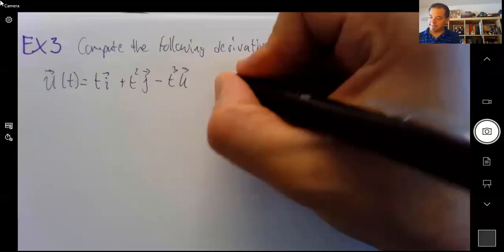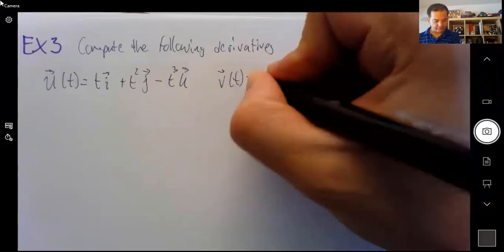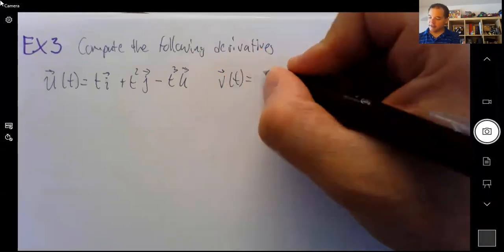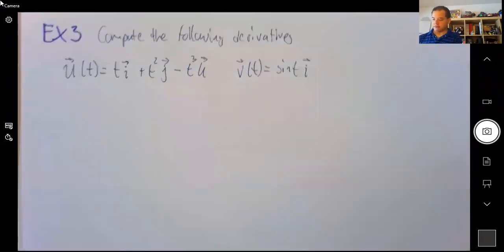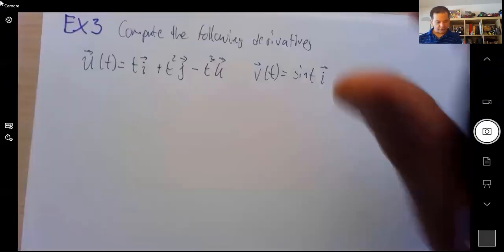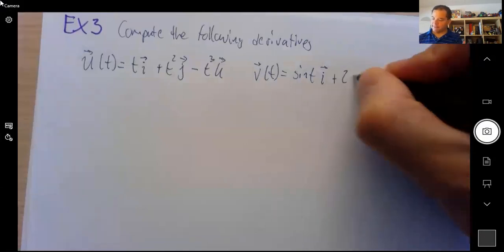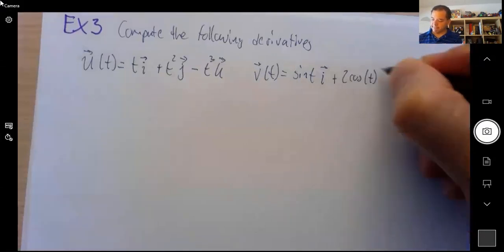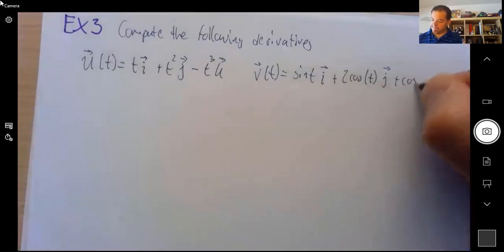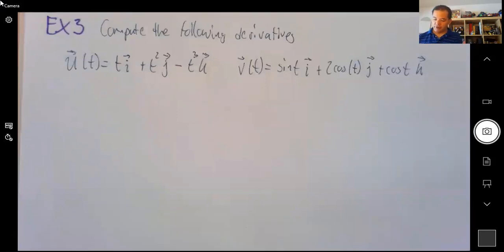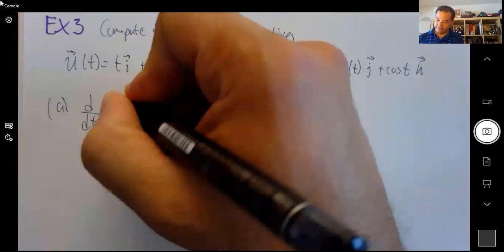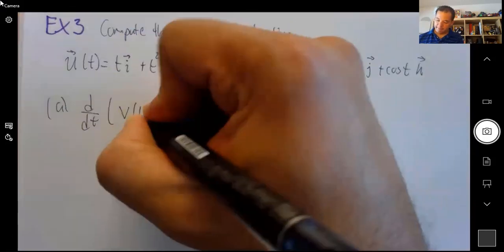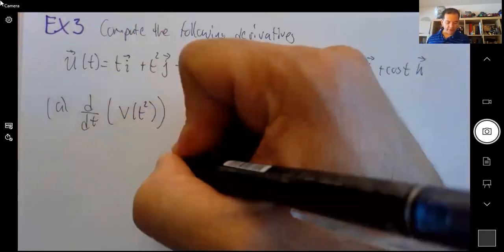And v is sine t i plus 2 cosine t j plus cosine t k. And here are our questions. First, what is the derivative of v of t squared? Let's start with that one.